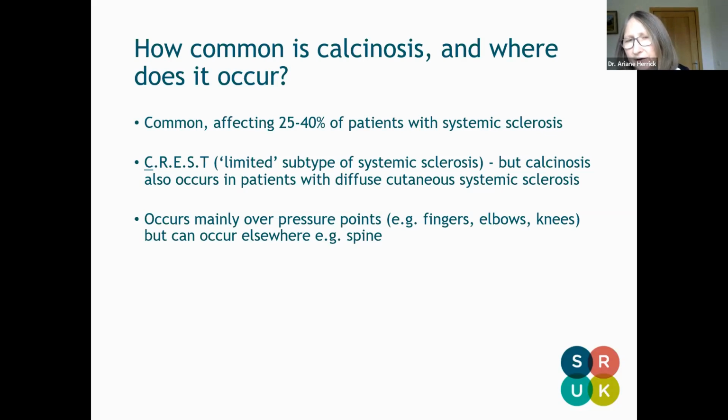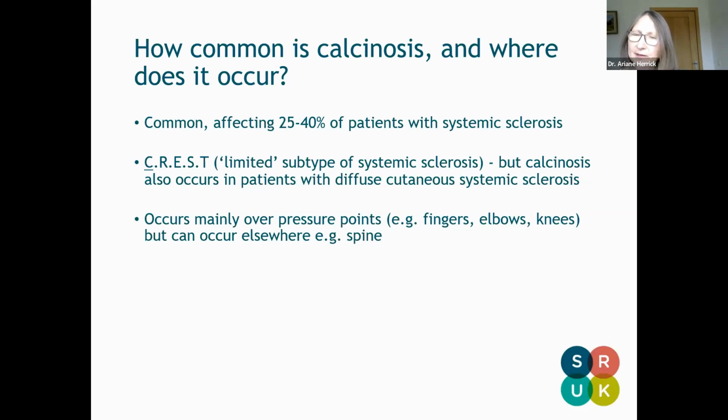The fact that calcinosis is common in people with scleroderma is reflected by the fact that it's the C in the term CREST. CREST is the old term for the limited cutaneous type of scleroderma. Many of you will know that there are two main types of systemic sclerosis or scleroderma: the limited cutaneous type and the diffuse cutaneous type.